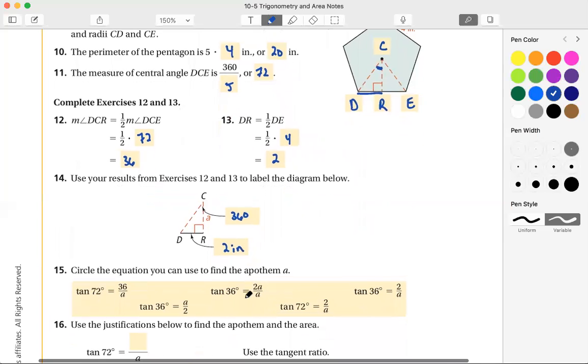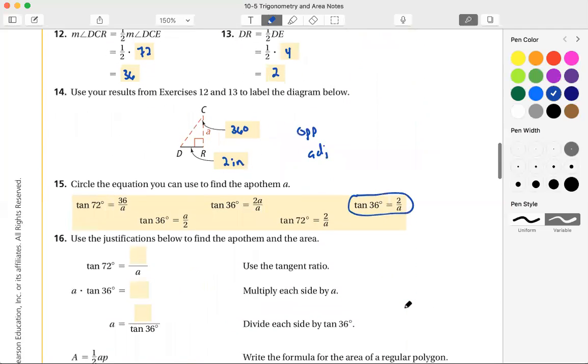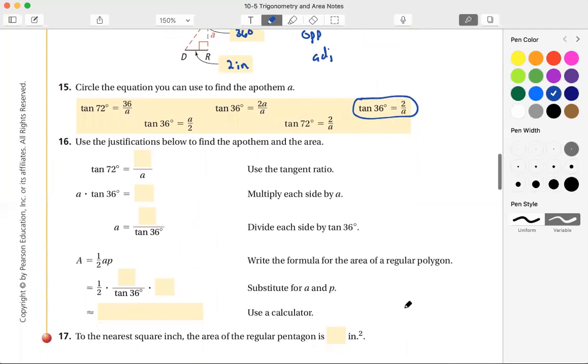All right, so notice we have the angle, we have the side opposite, and we have the side adjacent. Which trig function are we going to use? So we're going to use the tangent of 36 is opposite over adjacent. So the tangent of 36 degrees equals 2 over A, multiply both sides by A, and then divide by the tangent of 36 degrees.